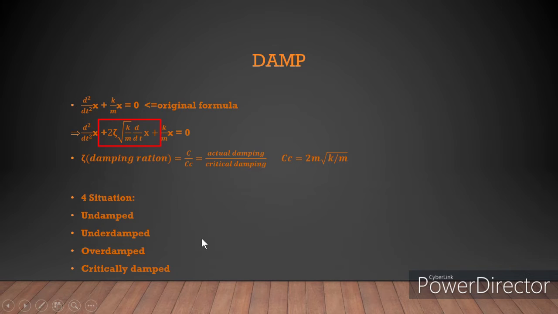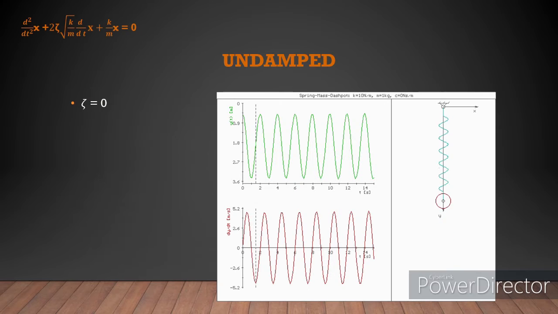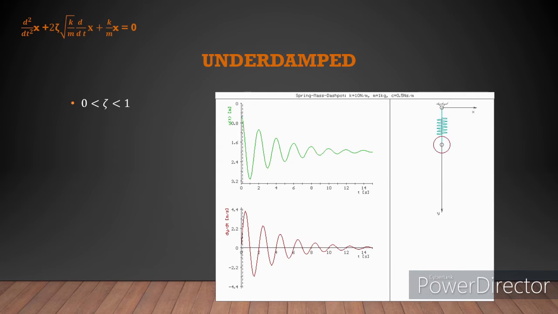First, we talk about the situation of undamped. Undamped corresponds to the undamped simple harmonic oscillator, and it vibrates like the video. Second is underdamped, which occurs for zeta between 0 and 1.